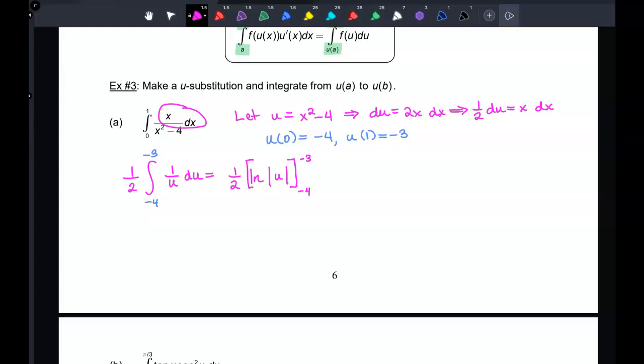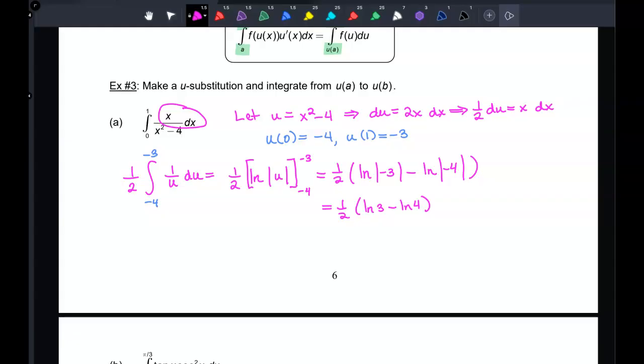This is when we plug in the top minus plug in the bottom. So we have natural log of absolute value of -3 minus natural log absolute value of -4. If we know the limits of integration, we don't have to go back and plug in. What about the plus C? No more plus C. When we have limits of integration, we're always going to have a numerical answer.